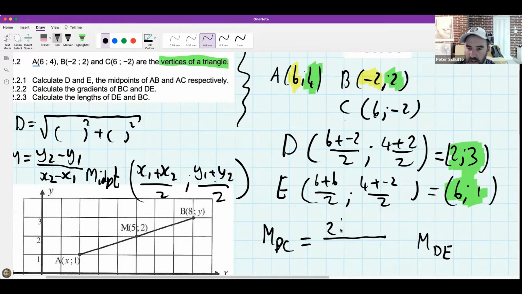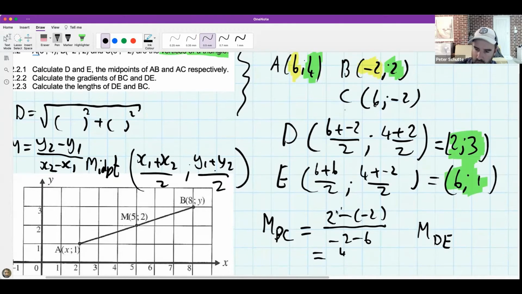I must make sure I'm looking at the right points. BC, so what do we have? It says DE.